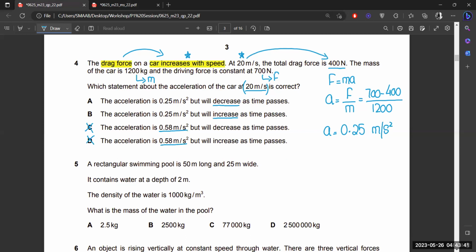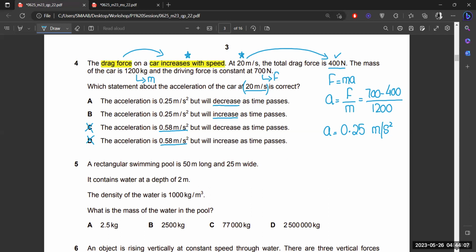So according to that, drag force will increase. So if drag force increases, our acceleration will decrease, right? Because in this situation we have 400 Newton, and according to the question, the drag force on the car will increase with the speed. So if we increase our speed from 20 meter per second, the drag force will also increase, and our driving force is constant, right?